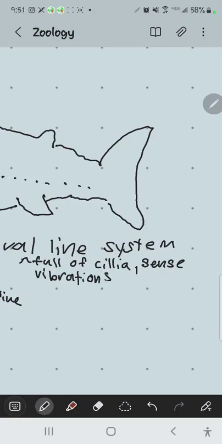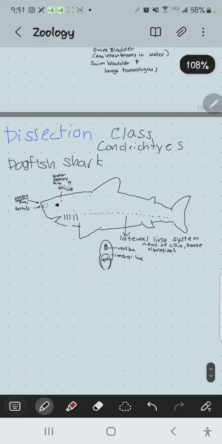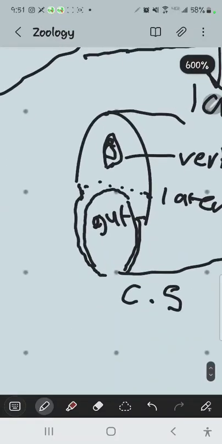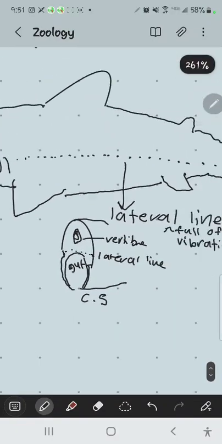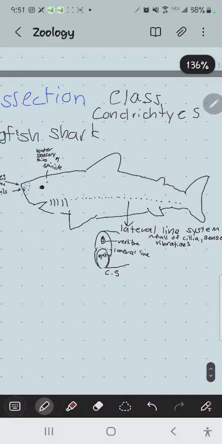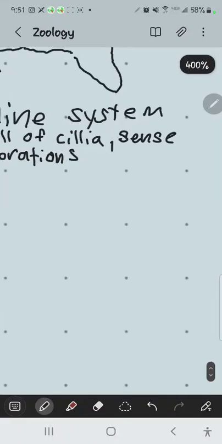Or if you have an aquarium at home and you've ever knocked on the aquarium, the fish go crazy. The fishes are sensing that knock or vibration on their lateral line. That's how they know something's coming at them to attack them, or what's around them. It's a sensory structure that gives them a pressure sense around the whole body.